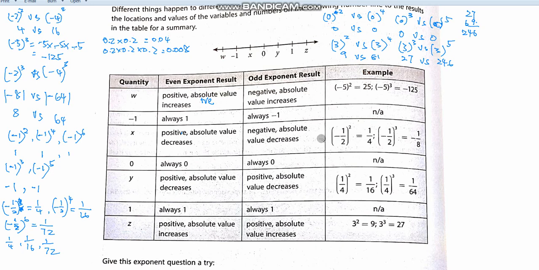The absolute value becomes smaller and smaller. For example, 1 over 4 to the power 2, or minus 1 over 2 to the power 3, you notice that 1 over 8 is smaller than 1 over 4.